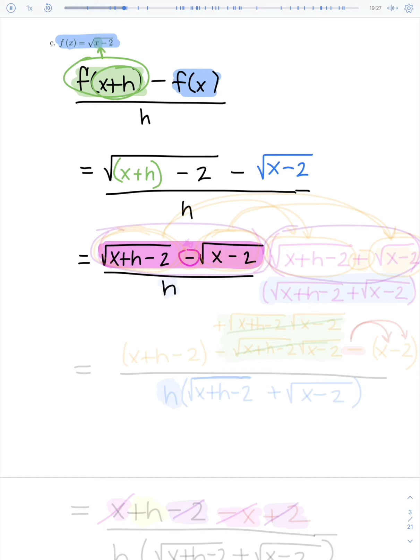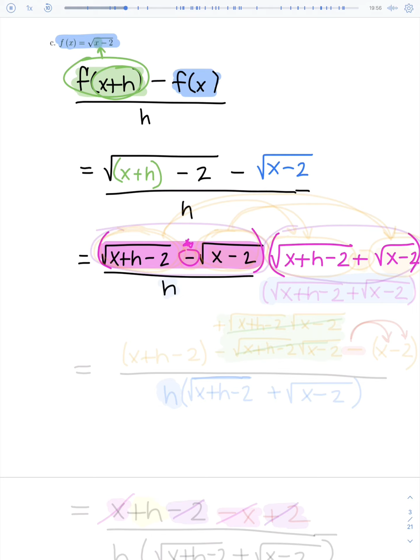This is the trick we're always going to use when we see crazy square roots everywhere. And we will use this trick quite a lot in this class, so it's not worth blowing off here. So we'll take the square root of x plus h minus 2. Notice that doesn't change. And we will also leave the square root of x minus 2 alone. The only thing that's changing is that symbol in the middle, which is going to change from a minus to a plus. So we've got this times this new piece.